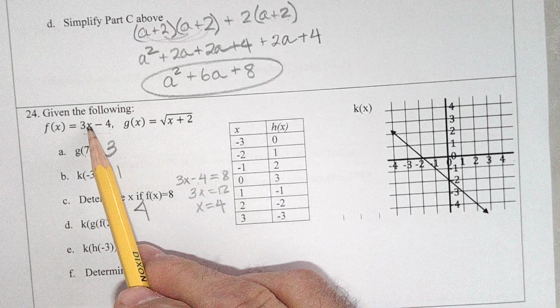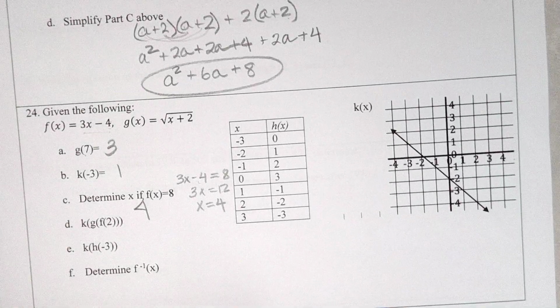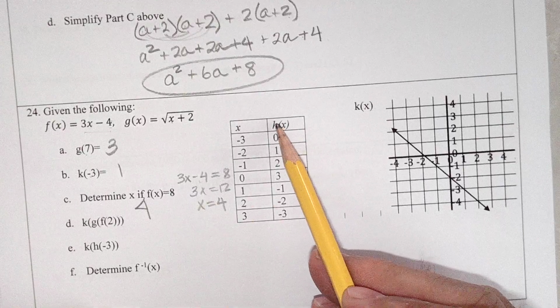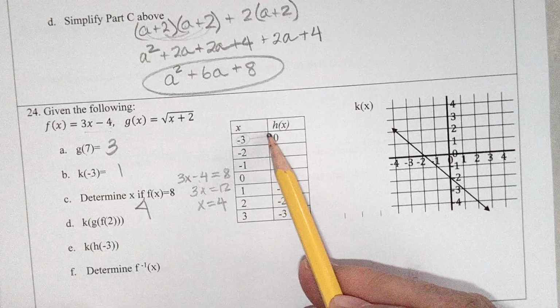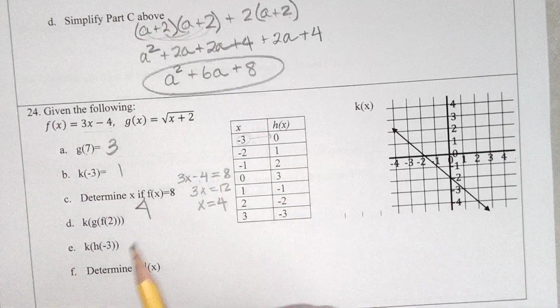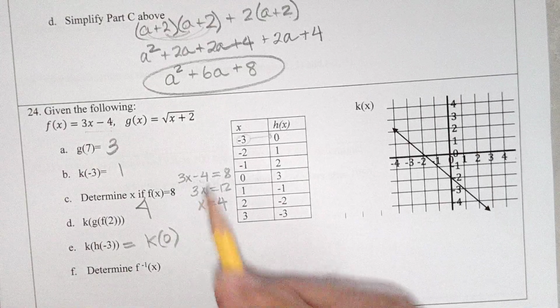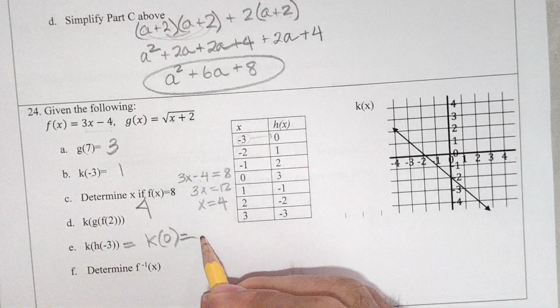So if we put 4 in there, 3 times 4 is 12, minus 4 is 8. Just to check. All right, this says put negative 3 in for h. For the x in there, we use negative 3, and that goes to 0. So we're trying to find k of 0. And for 0, k is negative 2.